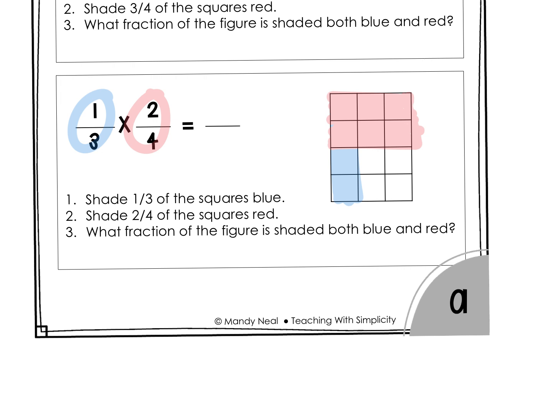It didn't show up very good. So if I were actually overlapping, these would turn purple. Now, what fraction of my original figure is my final answer? Well, first, it would be 2/12. That can be simplified to 1/6.